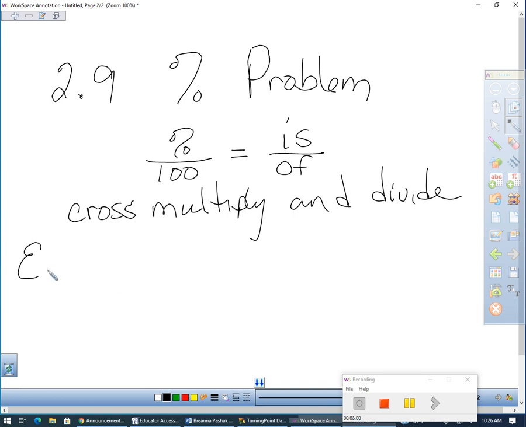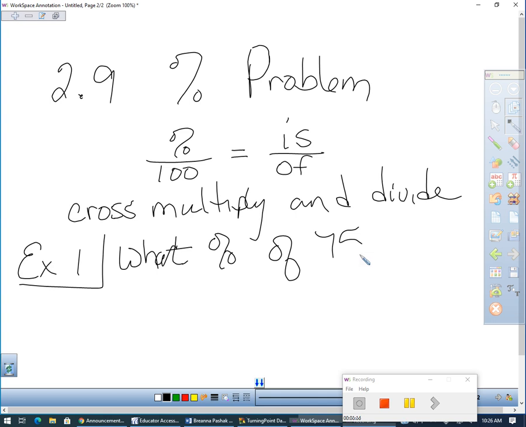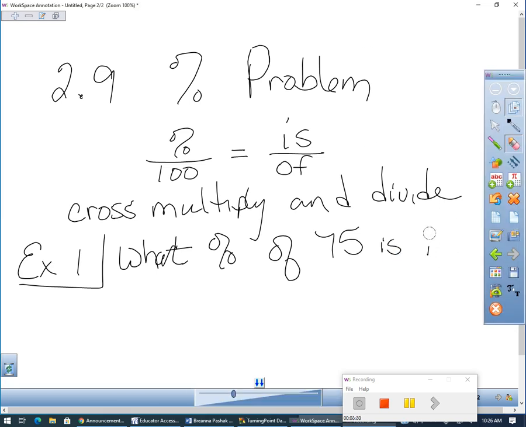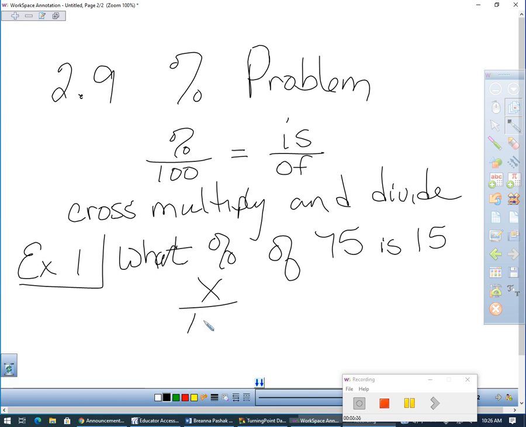Here's example number 1. We're going to start with: what percent of 75 is 15? All right, so it says what percent. So what do you think we're going to put in the percent spot? X. That's our question. We don't know what it is. Over 100 equals is.